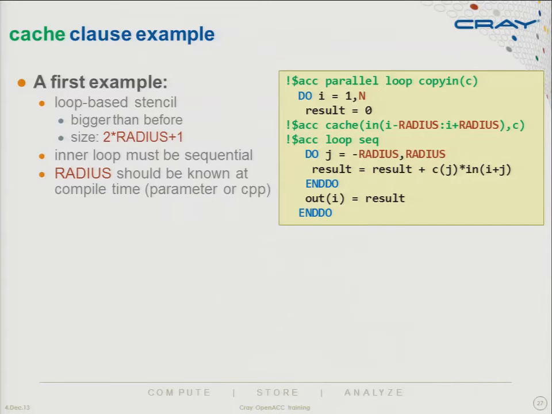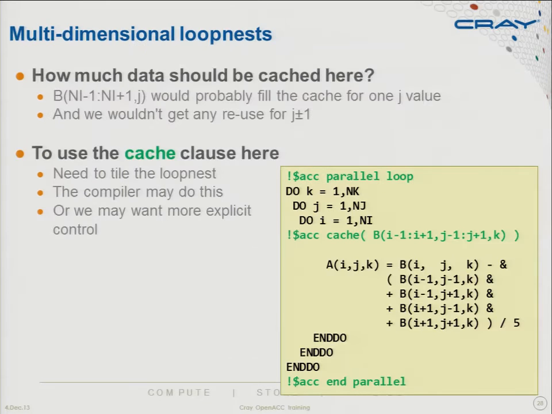So if I were to cache an amount of data from 0 or 1 to n plus 3, all of the threads in the thread block could share that. And a lot of it would get reused. So for this example here, you may decide, from the point of view of i and j, there could potentially be some reuse on this range.